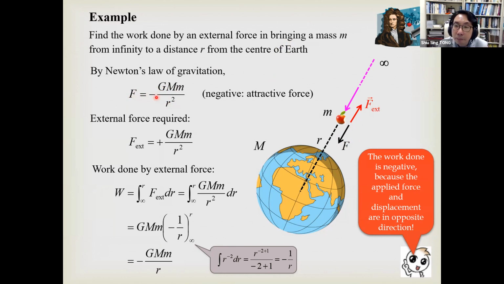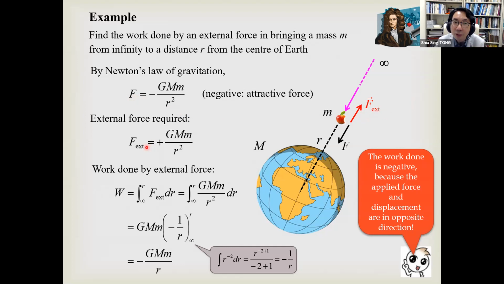Okay. Now, if I want to prevent this apple from falling, if I just want to hold this apple, suppose I'm a Superman and I want to hold this apple in space without letting it fall, then I have to apply an external force. And the external force has to balance the gravity force.